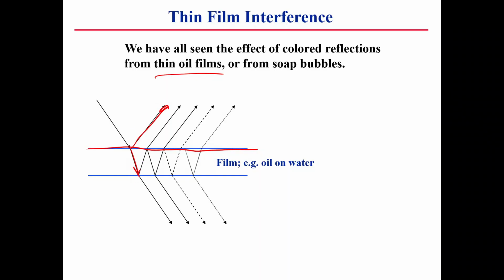The part that refracts then hits the next surface, and some of that is reflected, and some of it is transmitted and bends through. So you're getting these different path lengths. The light rays that are coming out are taking different paths, and you're getting the interference that comes with that, which is what gives us those pretty rainbow colors.